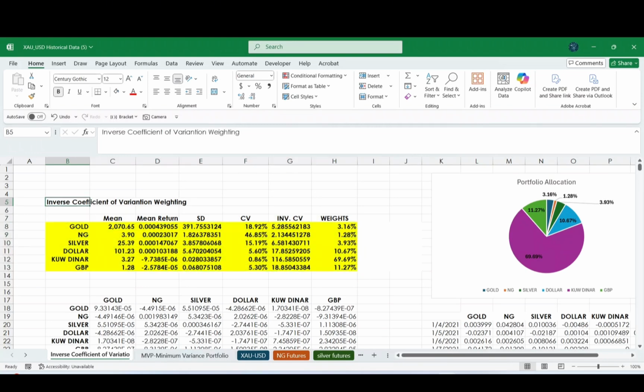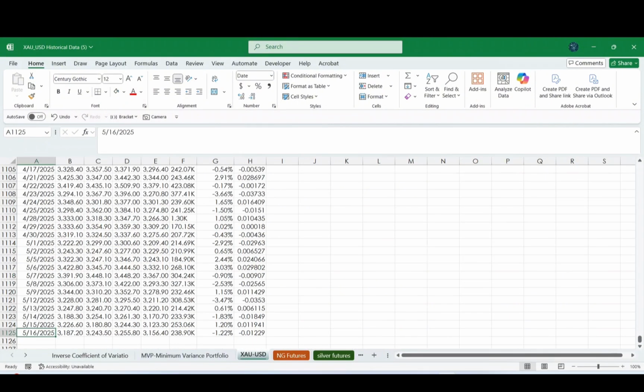We will now analyze the inverse coefficient of variation weighting: how to use the inverse coefficient of variation to assign weights to each asset. First of all, for each asset we have calculated the mean, which is simply the average of the closing price.